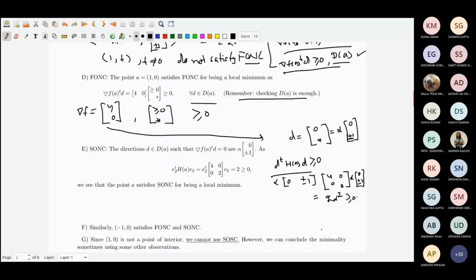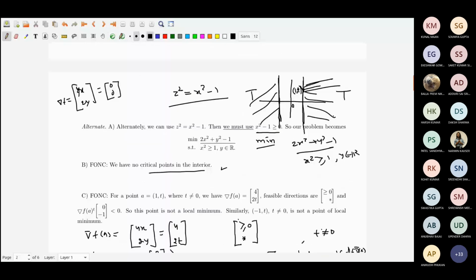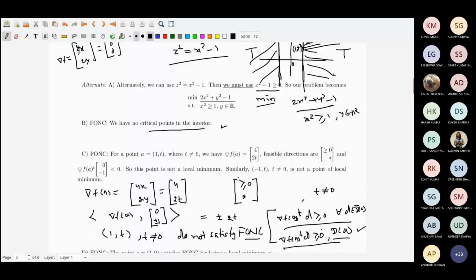Whatever SOSC, second order sufficient condition, we gave, it is only for a point of interior. And here 1 0 and minus 1 0 in this picture are not interior points. So strictly speaking, by SOSC I cannot say.